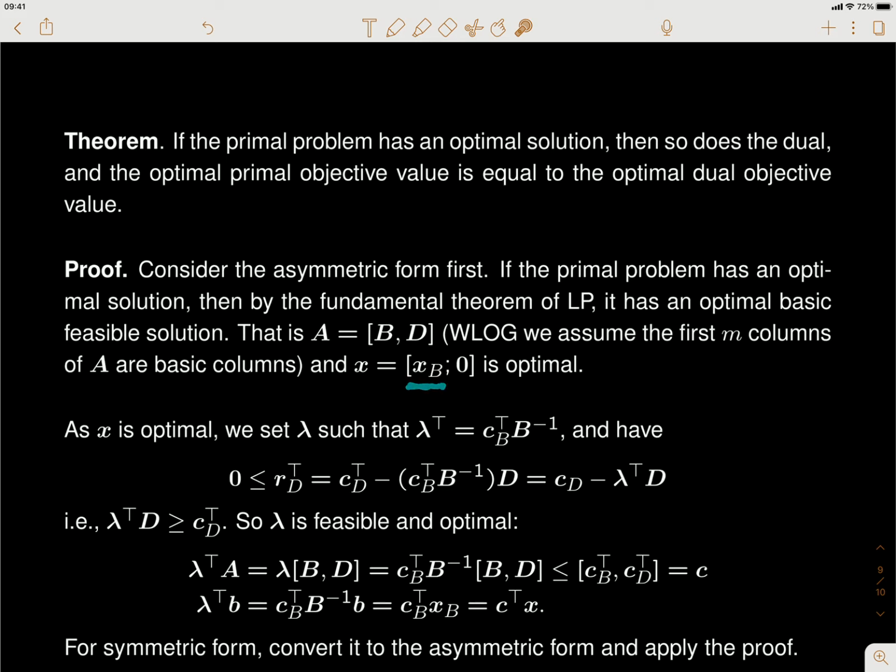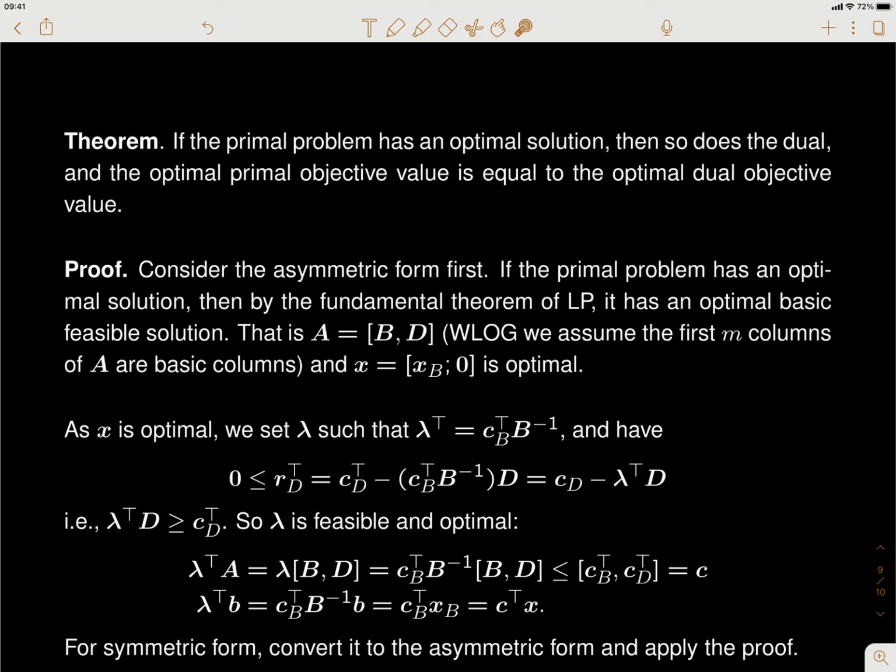We call it the basic variable xB, and the remaining should be just 0. And this x is the optimal basic feasible solution. So we know that if the primal problem has a solution, then we must be able to find such a solution.